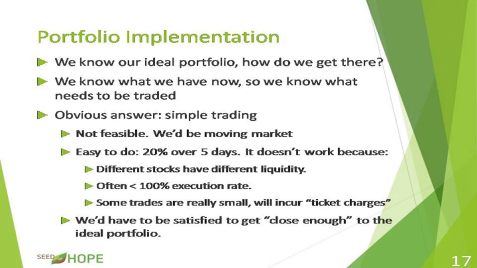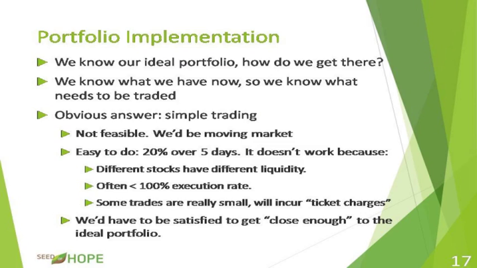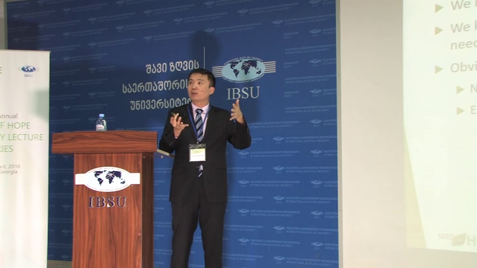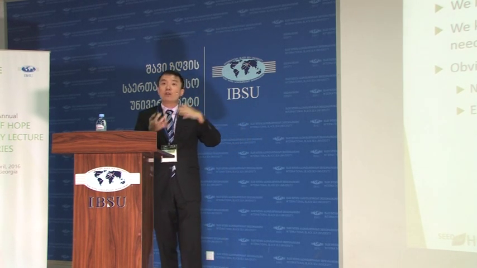This is a concept where the broker charges us a set amount of money for each trade that you do, regardless of how big or how small that trade is. So for example, if I have really small trades and I split them over 5 days, then you're going to incur ticket charges over 5 days. And because the trades are really small, these ticket charges are no longer a trivial amount. It's actually a significant percentage of your trades.